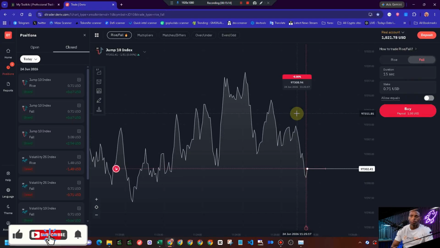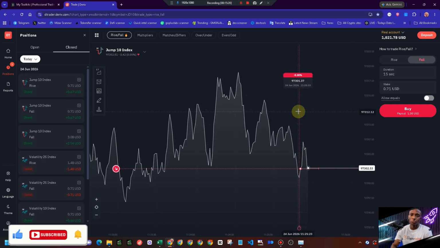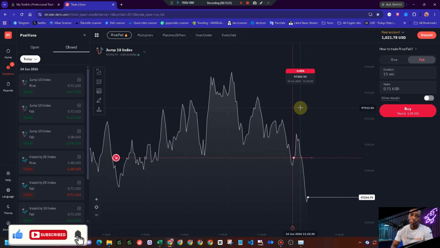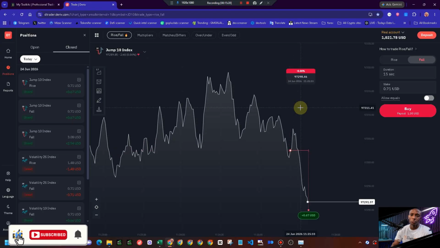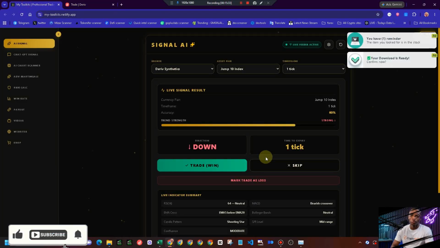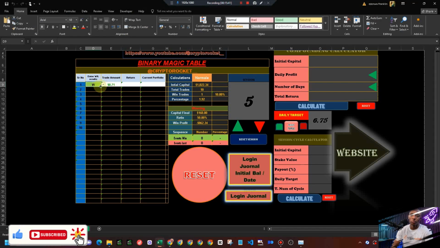Down. So let's see what this trade is going to give us. Okay, we want this one. So we mark this as trade. Set. So we have 6.1 remaining, and our session is 6.